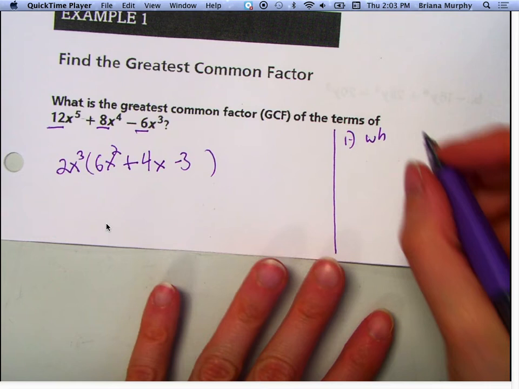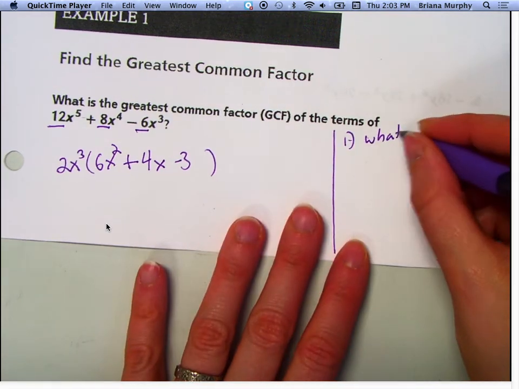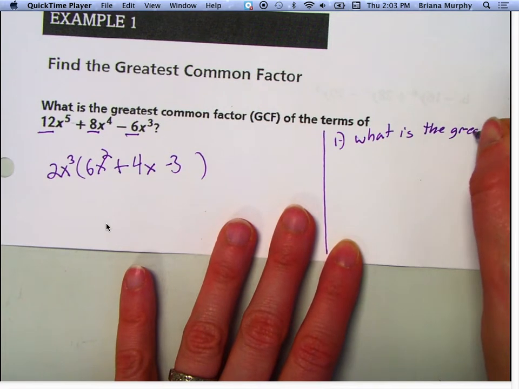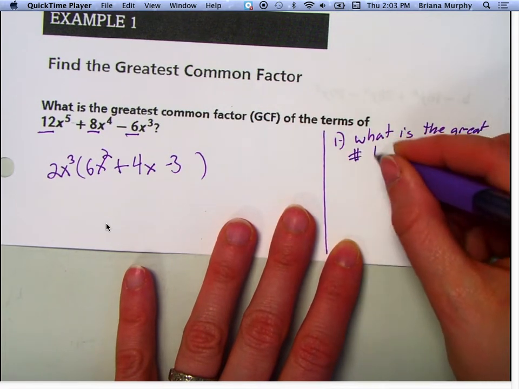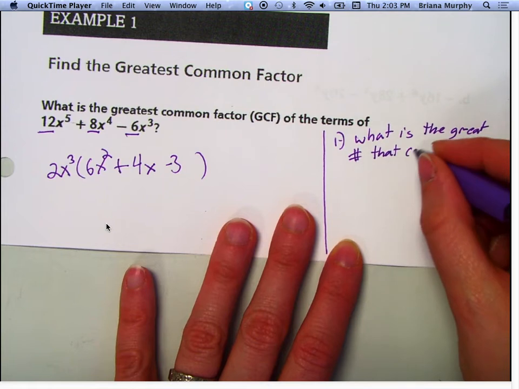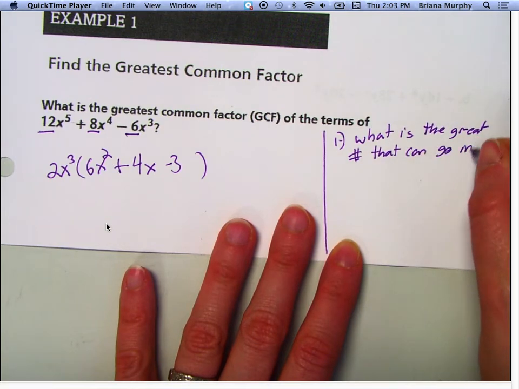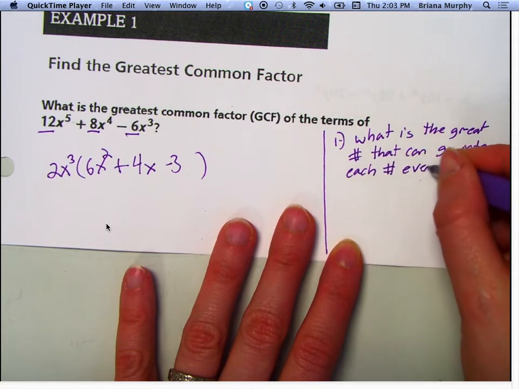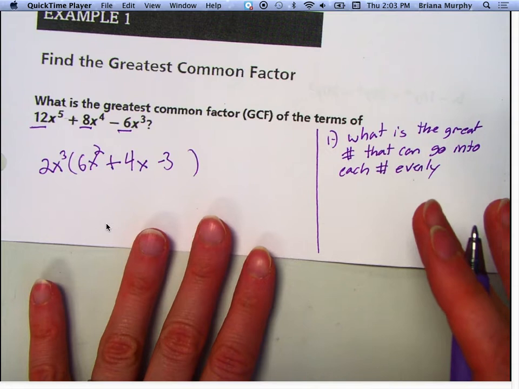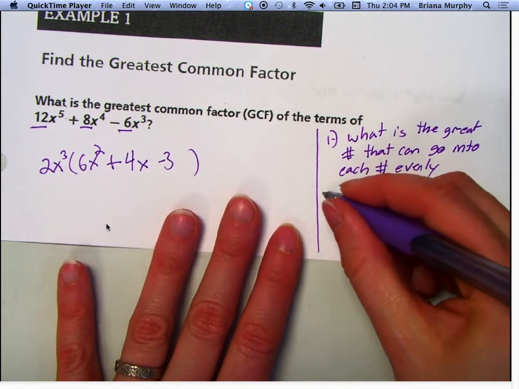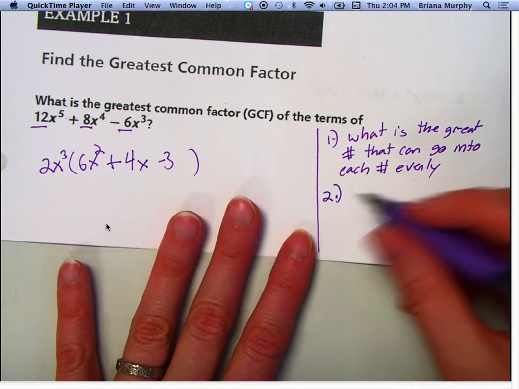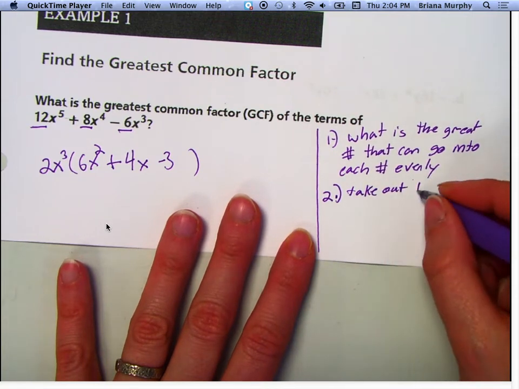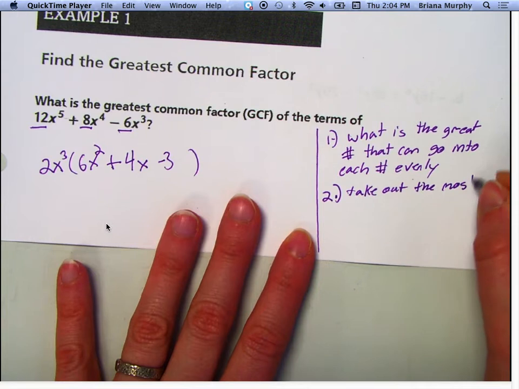Step number 1 would be to ask yourself, what is the greatest number that can go into each number evenly? Okay? And then step number 2 would be take out the most variables you can.